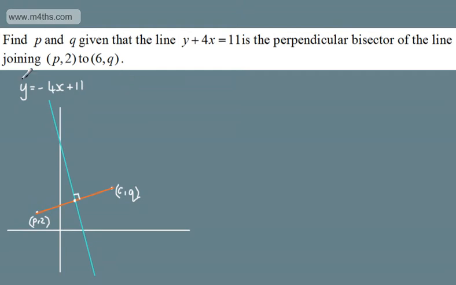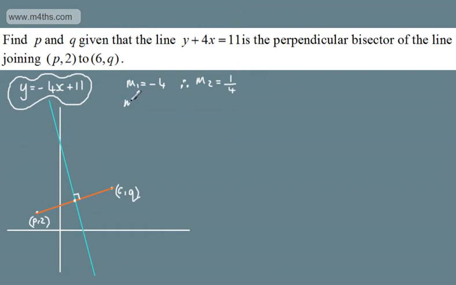So let's start off now with the gradient. The gradient of the original line we were given, y plus 4x is equal to 11, will be minus 4. M1 is equal to minus 4. Therefore, what we can say is the gradient of the line perpendicular to it, which I'll say is M2, will be equal to the negative reciprocal, which is 1 over 4.